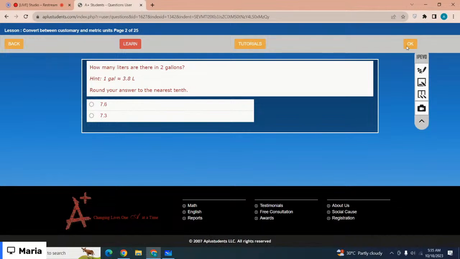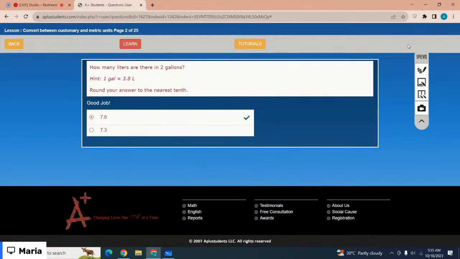The correct option is 7.6, right? You need to do 2 times 3.8, so that would be 7.6. You can even use a calculator to multiply, right?